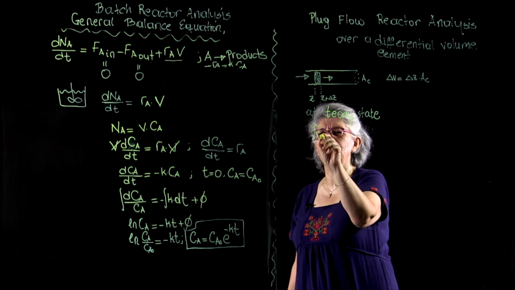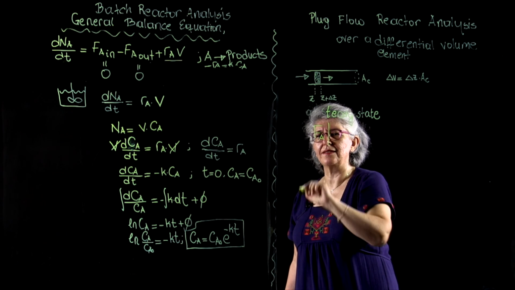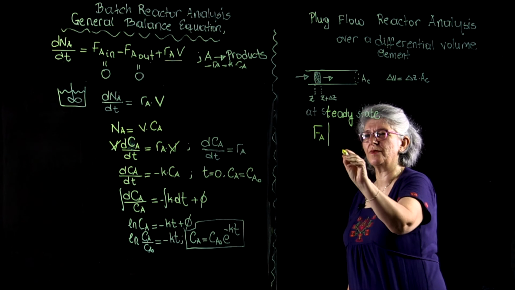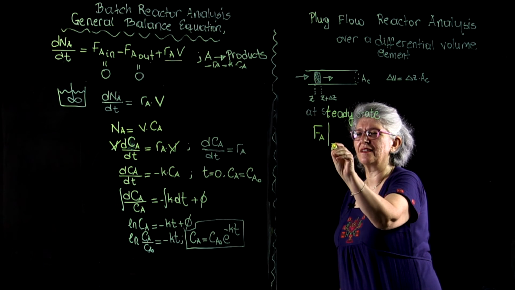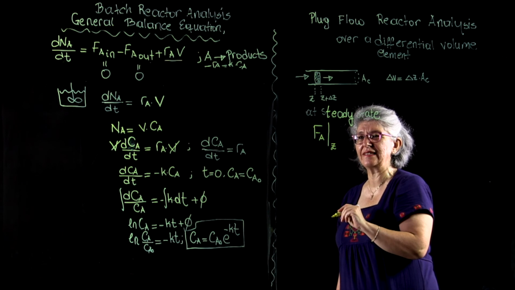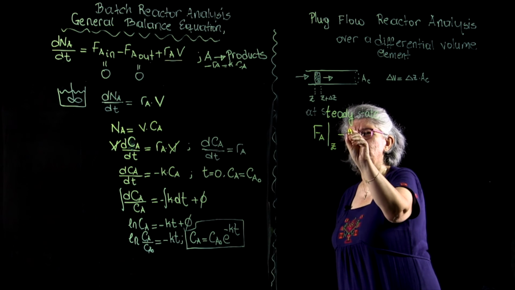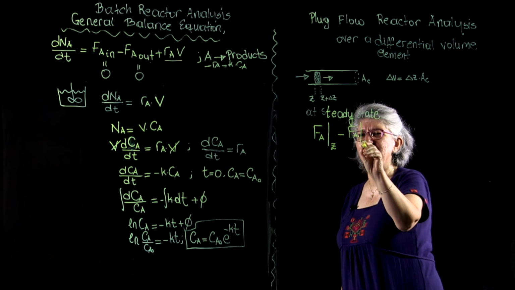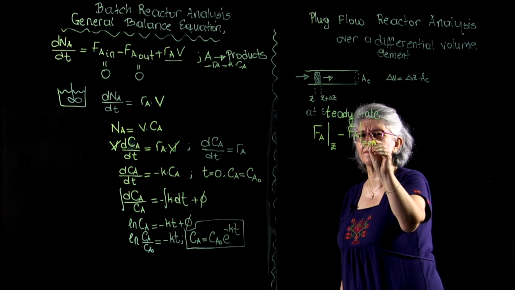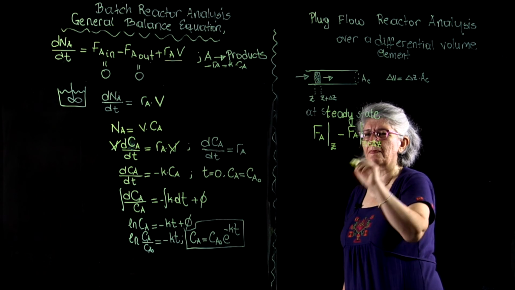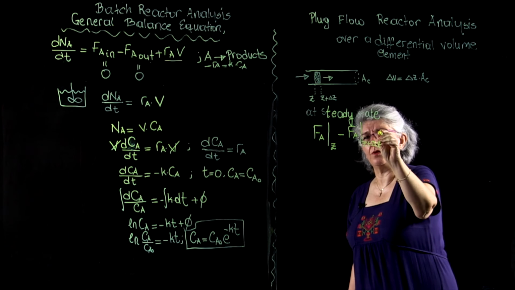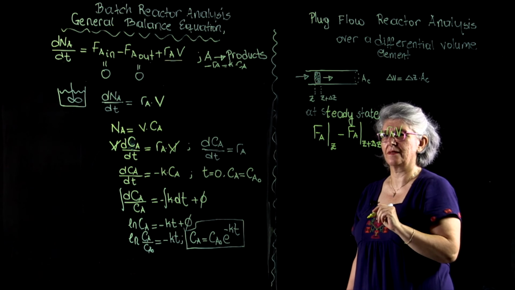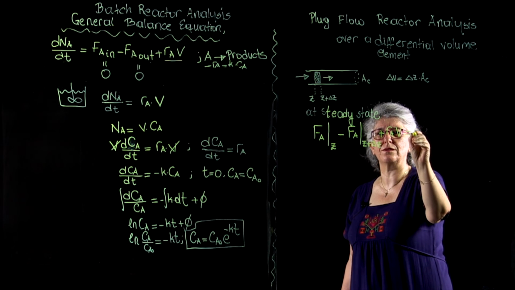Then I have the molar fluxes Fa. This time I'm writing this balance equation across this differential volume element. The entering Fa is Fa at Z. The outgoing molar flux is Fa at Z plus delta Z. The same term plus Ra times V, they're all equal to 0.